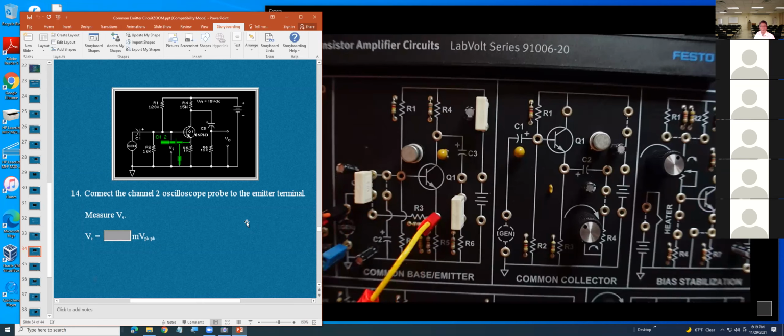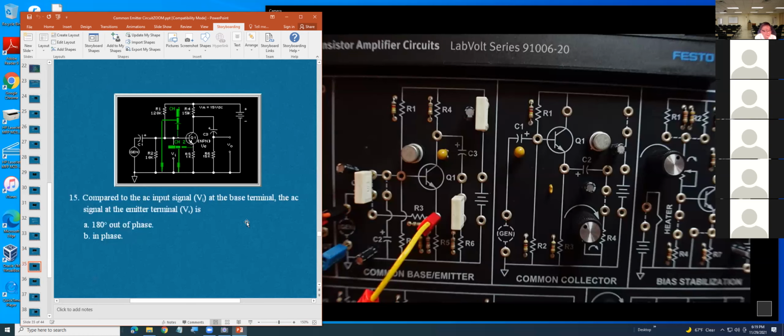So no bypass capacitor here. So that's why you get the same voltage as the base. So the answer here will be the same as the base, 300 millivolt. Okay, let's see what else. Question, in phase or out of phase, they will be in phase.